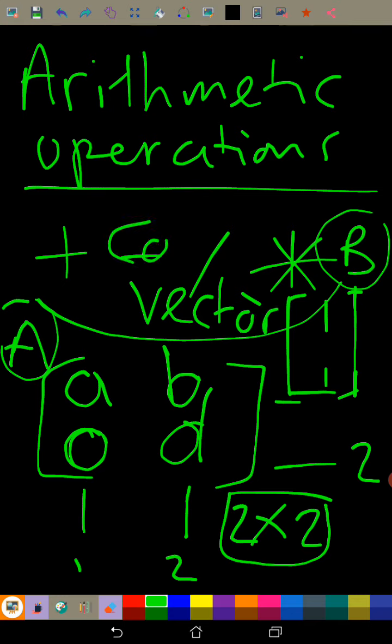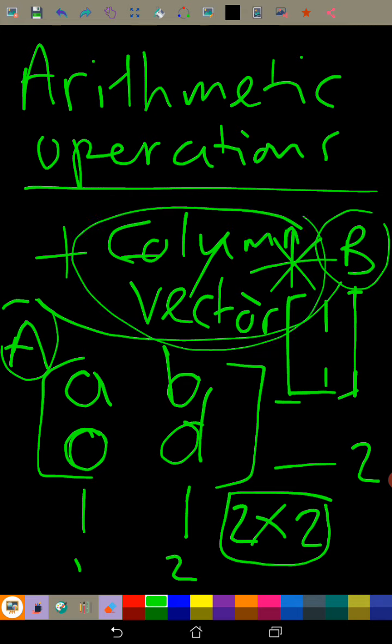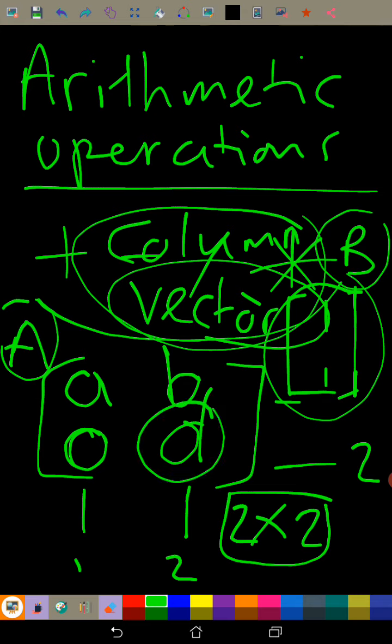A vector has a magnitude and also a direction. The vector has both, but the scalar has only a magnitude.